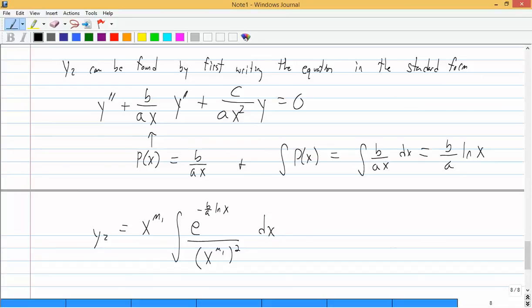All right, so if you do that, I'm getting to a formula. You're not going to have to remember this formula. I'm showing you what the second solution would be with a repeated solution.